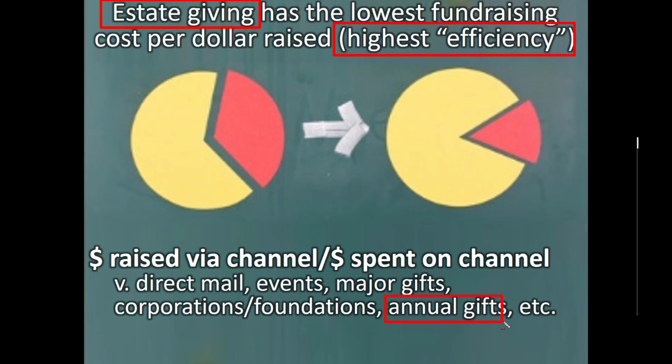If you have an organization that has a very strong annual gifts program, that's going to make it easier to embark on a major gifts program. If you have an organization that has a very strong events program, the information from events can lead directly into direct mail. If you have a very strong direct mail program, you're probably going to have a strong annual gifts program, which is probably going to help for a major gifts program.